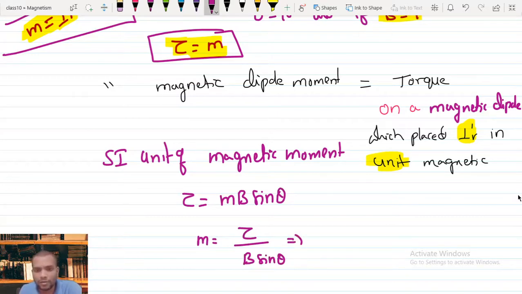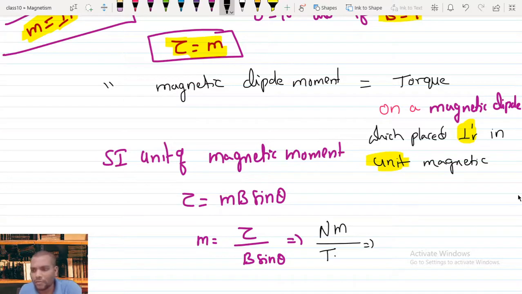So if you write units for torque, the formula is force times perpendicular distance. Force units are Newton and distance units are meter. And B means magnetic field, its units are Tesla. And sin theta has no unit, so we can leave that.